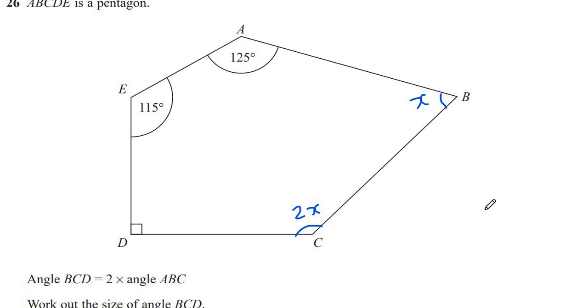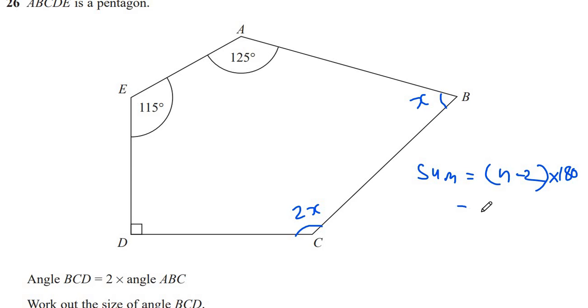All right. Now the first step would be to find the sum of all 5 angles in a pentagon. So we use that equation which says that the sum is n minus 2 times 180, where n is the number of sides.